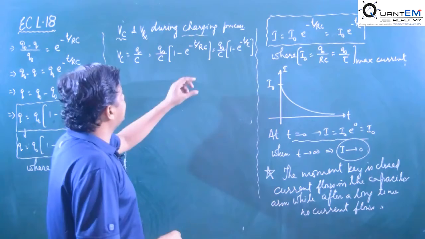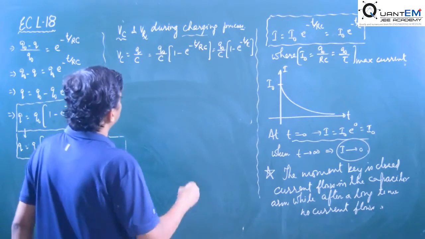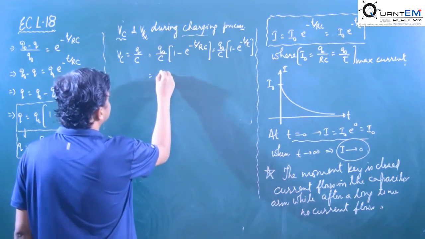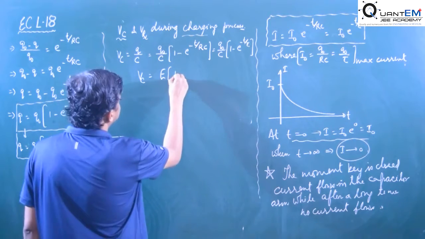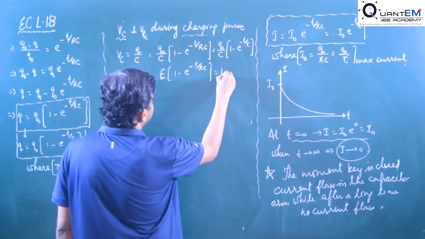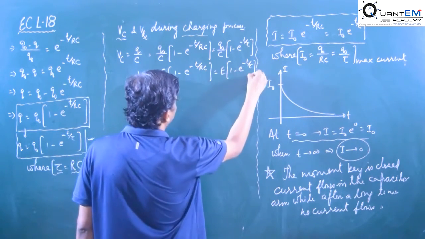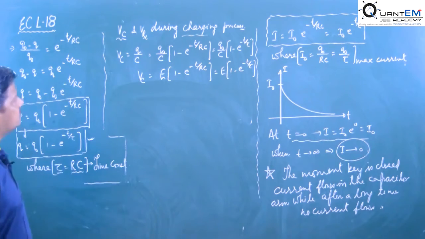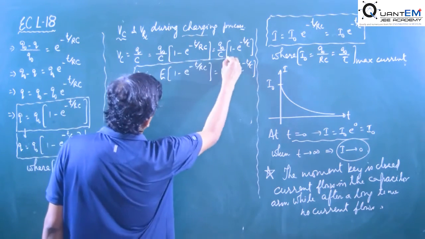Q naught by C is the supplied EMF E, so VC is E (1 minus e to the power minus t by tau), because RC is the time constant.